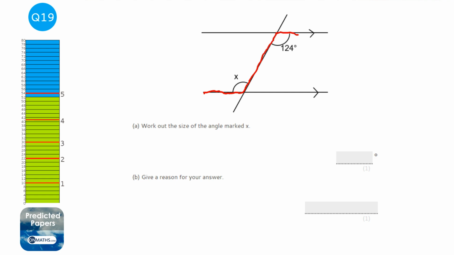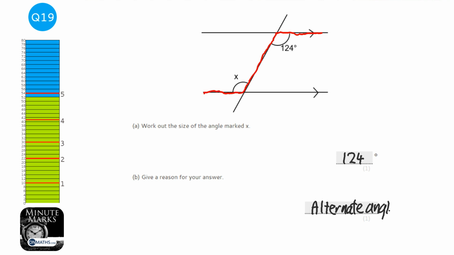Well, it makes a Z, the armpits of the Z. And any 2 angles on a parallel line that make the letter Z are called alternate angles. And alternate and corresponding are always equal. So question A is just 124, and the answer to question B is that they are alternate angles.